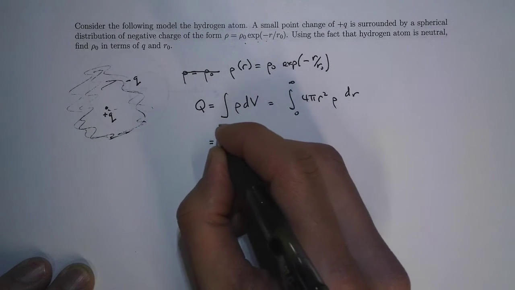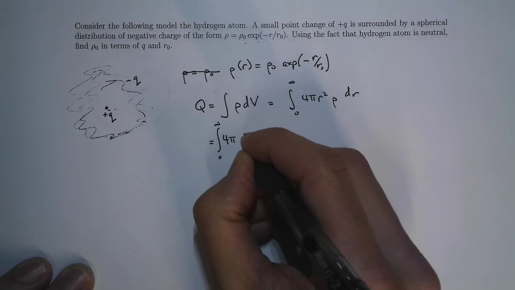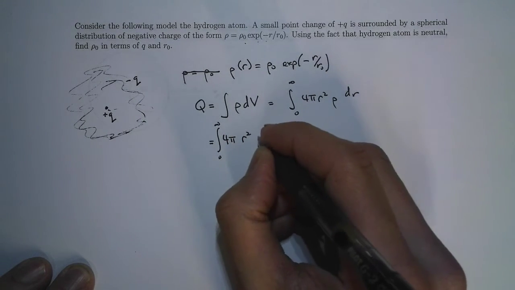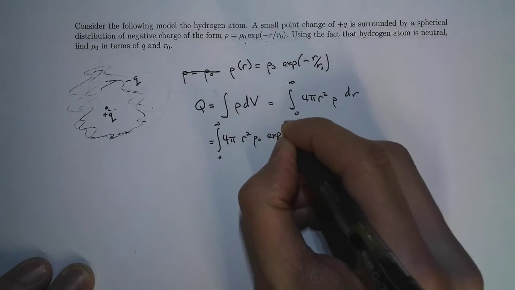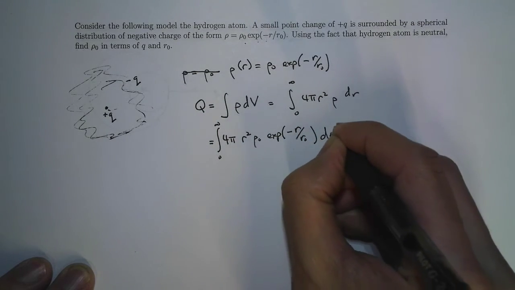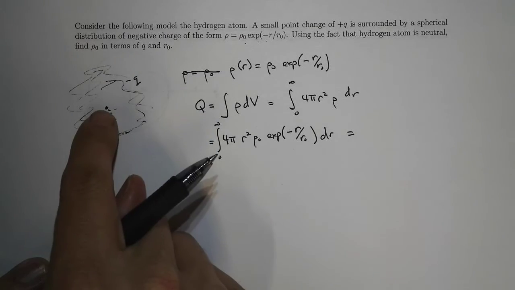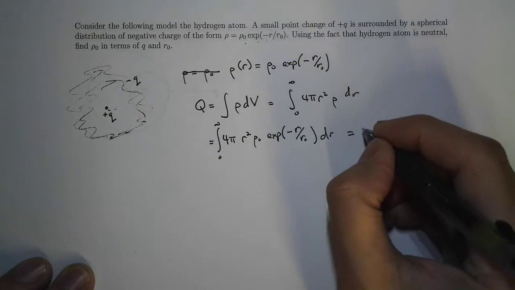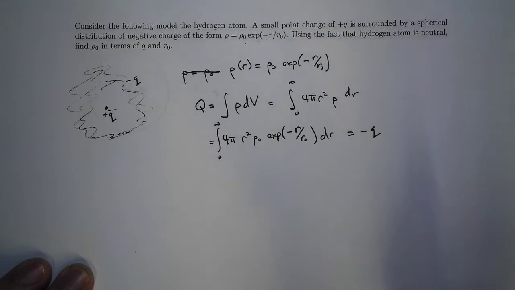This is integral from 0 to infinity 4 pi r squared, rho is what? Rho 0 exponent minus r over r naught dr, and this ultimately has to equal, such that it cancels out the positive charge in the middle, minus Q. Okay, so this is all we need, and now we just need to do this integral.